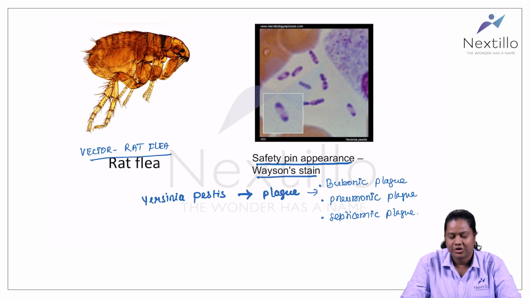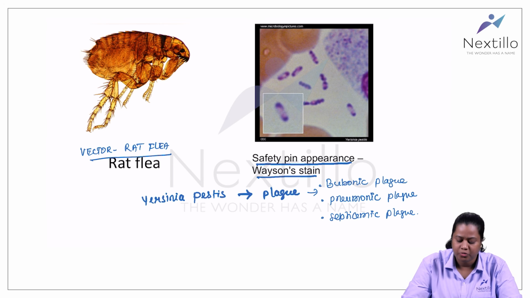When you get this picture, you have to be very careful when you read the question. You should be able to answer this question only when you know what the vector is, how the vector looks, and what the laboratory finding is in the case of Yersinia pestis.